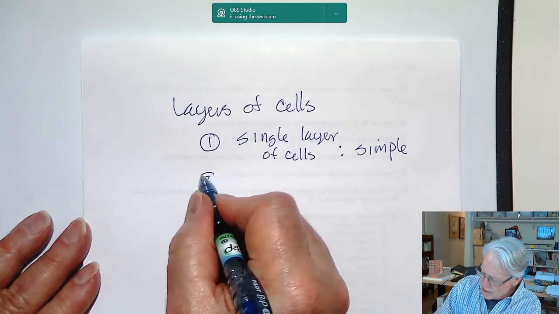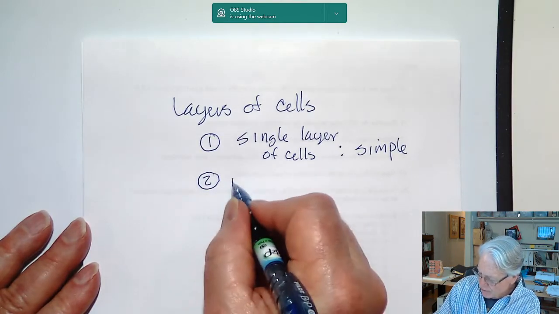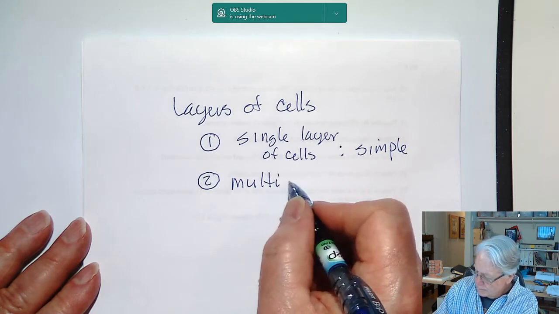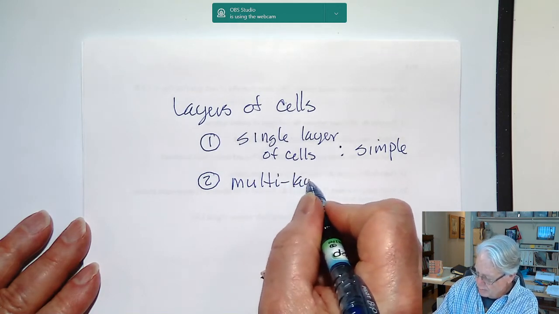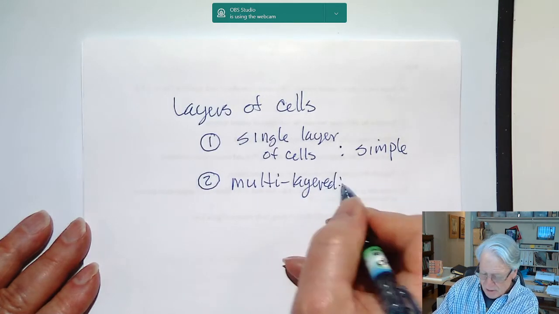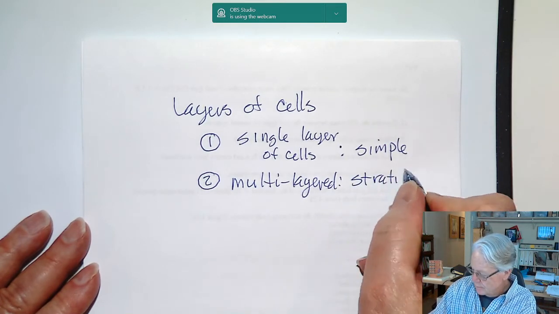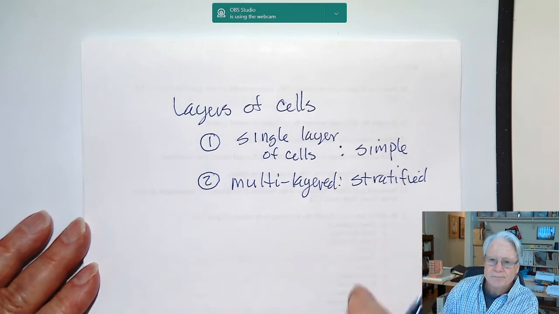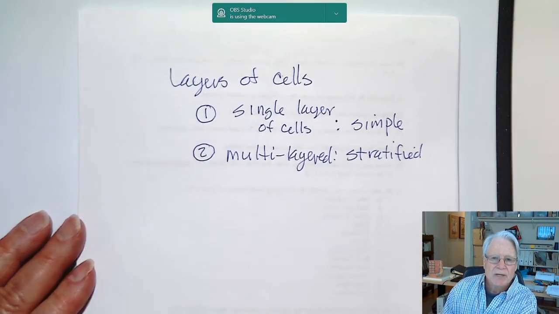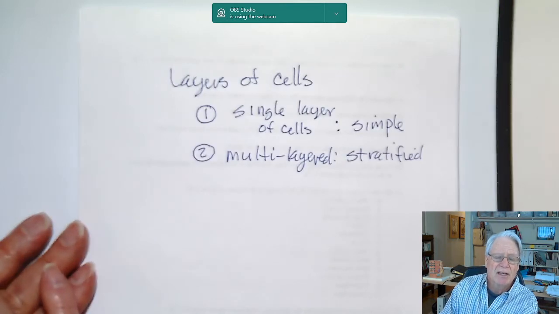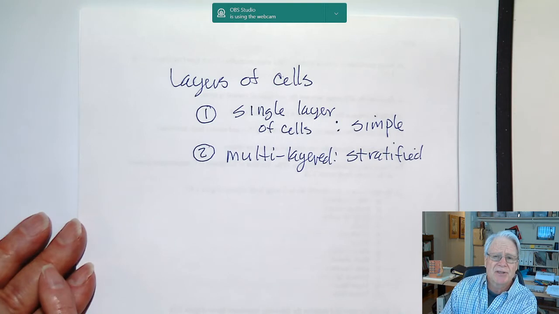Or we can have multiple layers. So it can be multi-layered, in which case it's called stratified. Okay. That's pretty simple. A single layer of cells or an epithelial tissue with many layers of cells. So either simple or stratified.